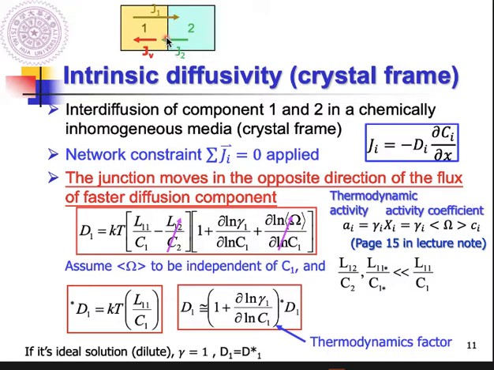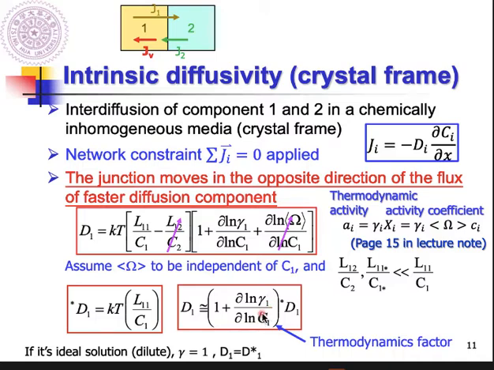As long as interdiffusion happens, the diffusivity you measure is related to gamma, the activity coefficient, and also the self-diffusivity of the diffusing atom A. Gamma is related to whether the mixture is an ideal or non-ideal solution.